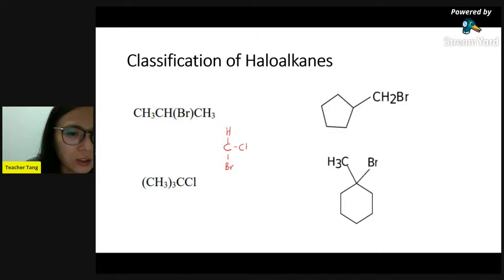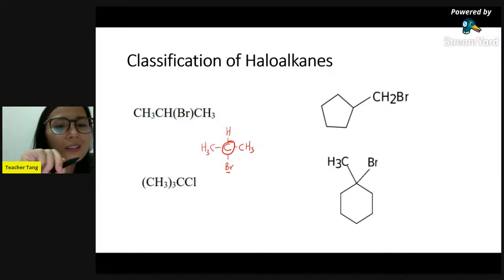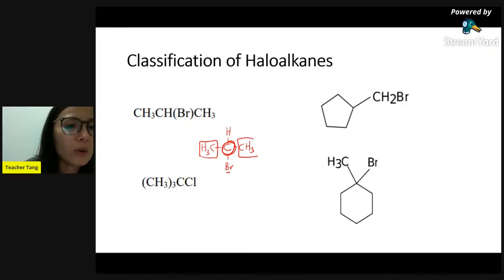On both sides, CH3, CH3. Where is the reference carbon? This is the carbon because it is bonded to the halogen. This carbon has 1 hydrogen. If 1 hydrogen, it means 2 alkyl groups, so it is a secondary haloalkane.